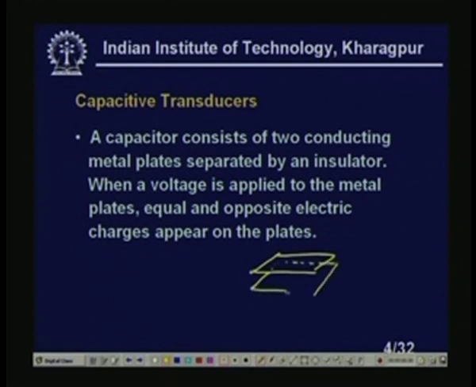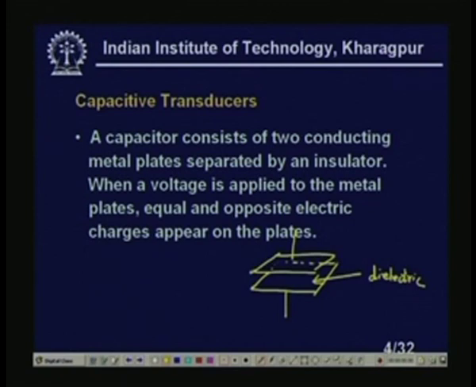It could be two parallel plates. In between we have a dielectric, right. And so it happens that the capacitor consists of two conducting metal plates separated by an insulator or dielectric medium. When a voltage is applied to the metal plates, equal and opposite electric charges appear on the plates, right.